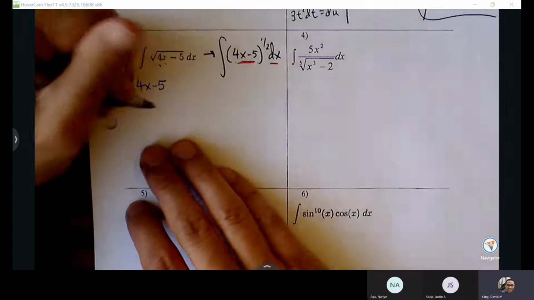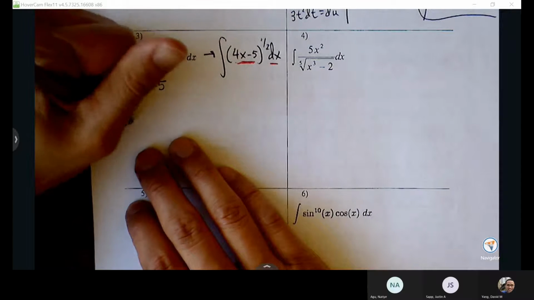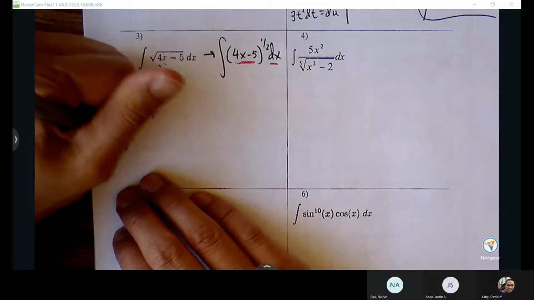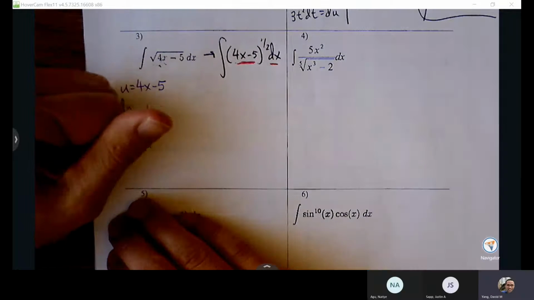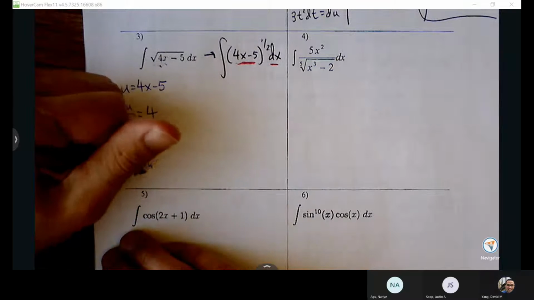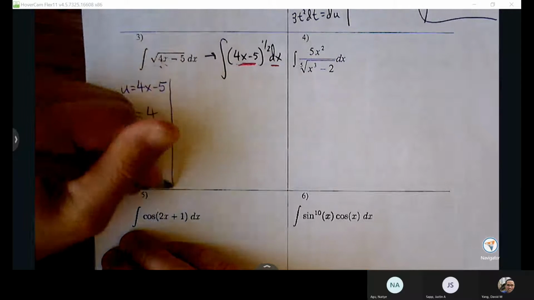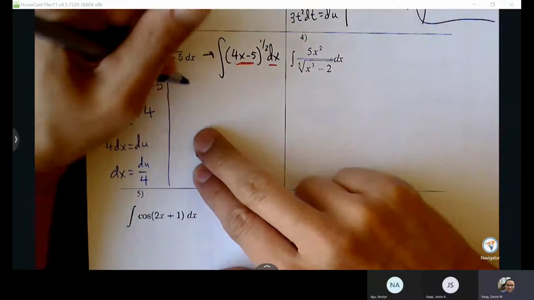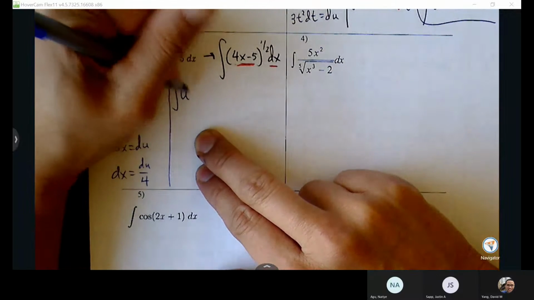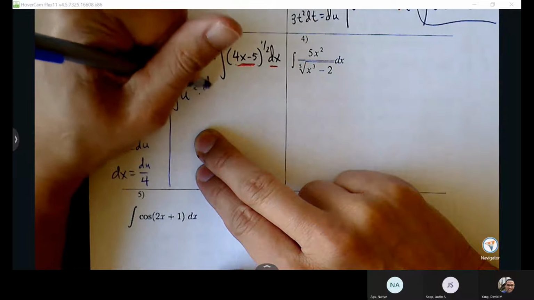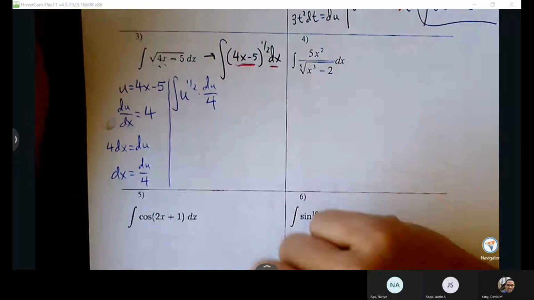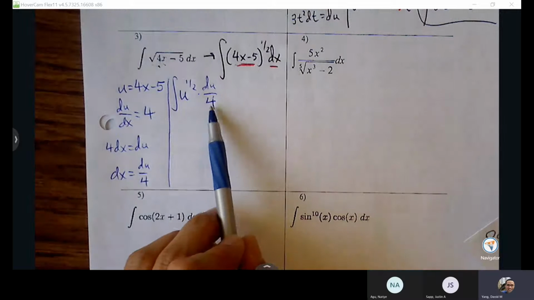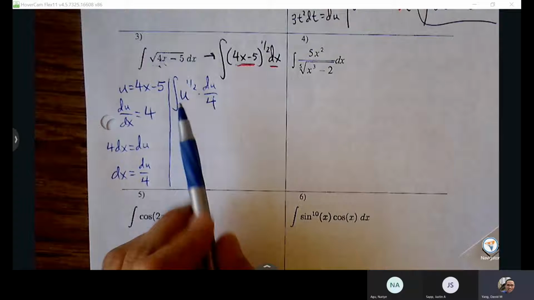Okay, we find the derivative. Cross multiply. Solve for dx. And now we make our substitution. Okay, I can push that 4 out as 1/4.